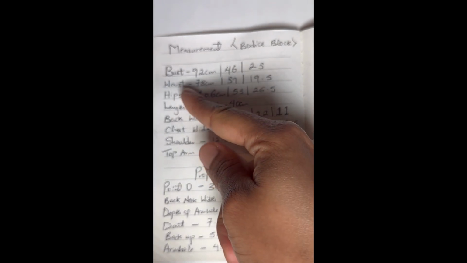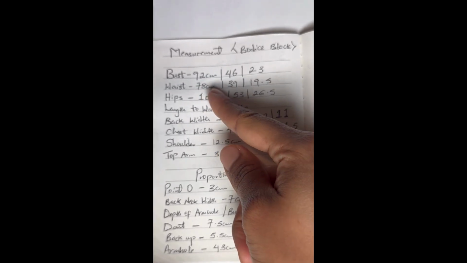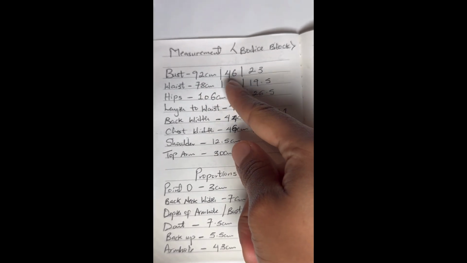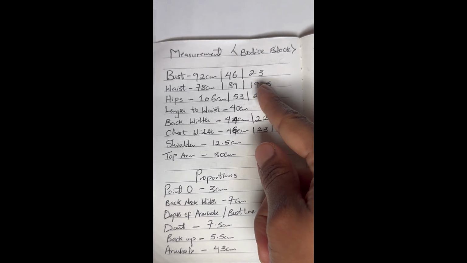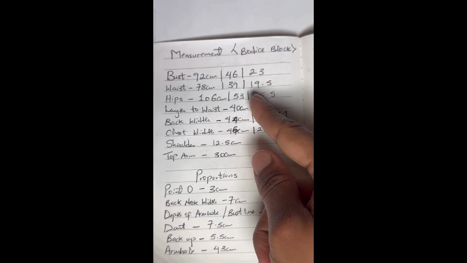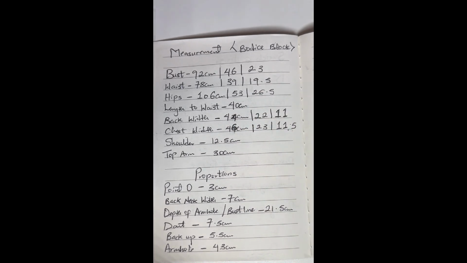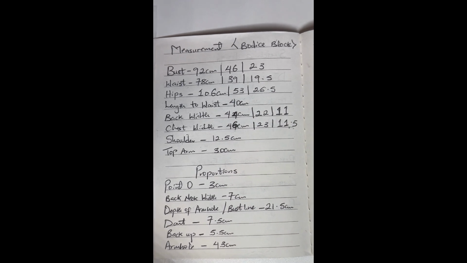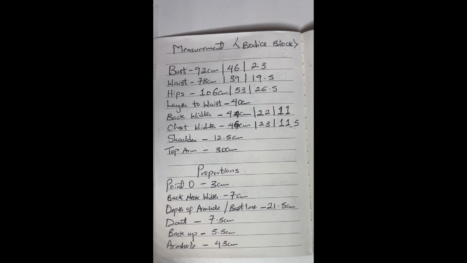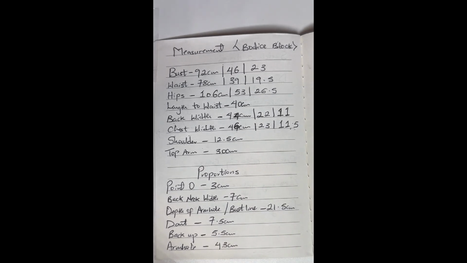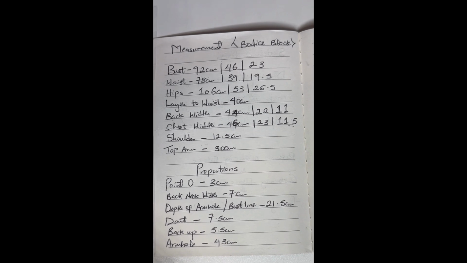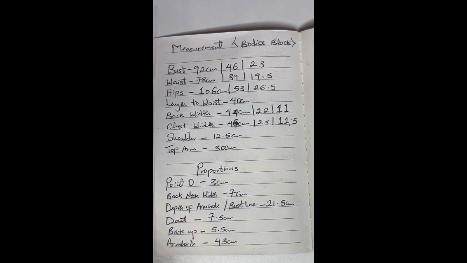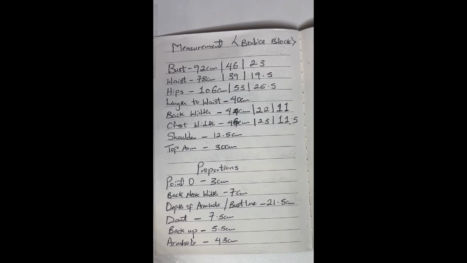This is my waist measurement. This right here means I've divided it by 2, and this also means that I've divided it by 4. I did it like this to make it easy for me while I'm explaining to you guys. Guys, please try not to get confused. All these measurements are in centimeters. Please remember they're all in centimeters.